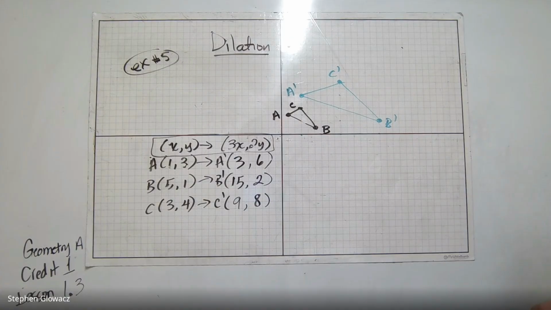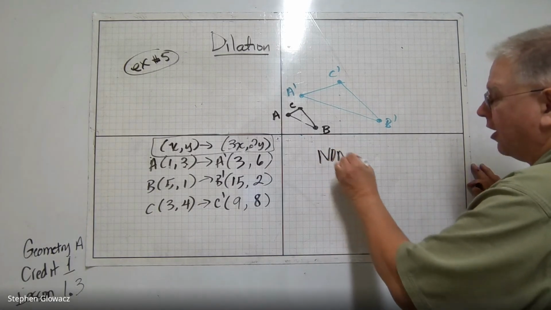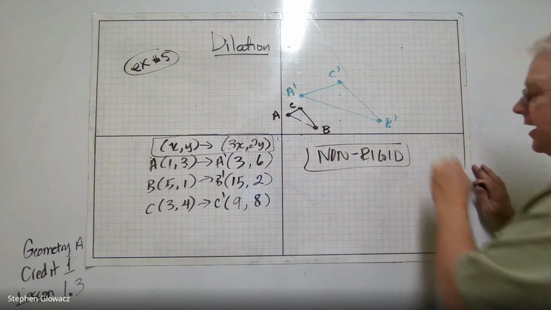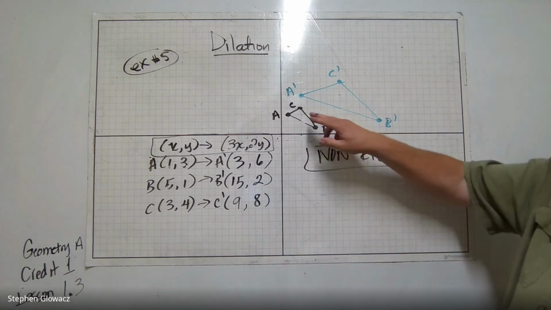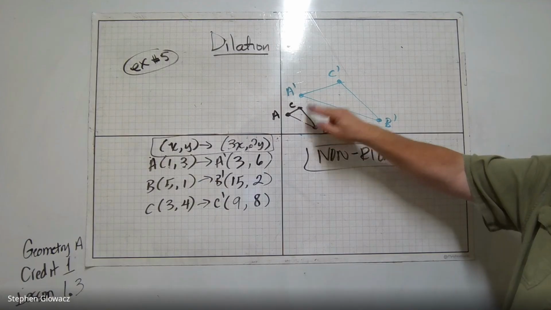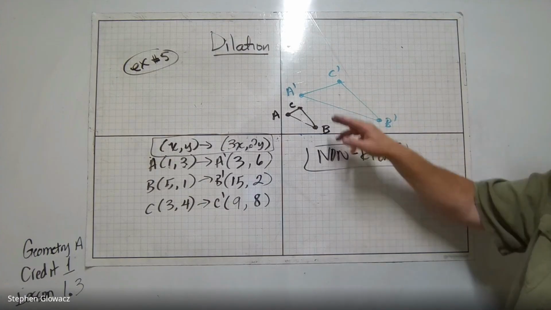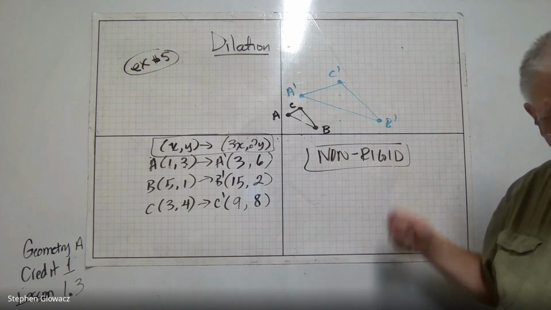So this would be a non-rigid or not a rigid motion. So we'll write it like they do in the packet. So this would be non-rigid. And so a dilation typically will not be a rigid motion because you're either going to take the pre-image and make it bigger, the resulting image will be bigger, or you would take it and make it smaller. In either case, that's a non-rigid motion.